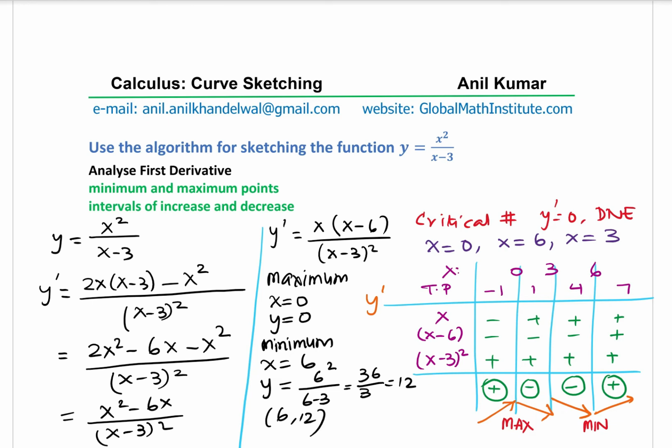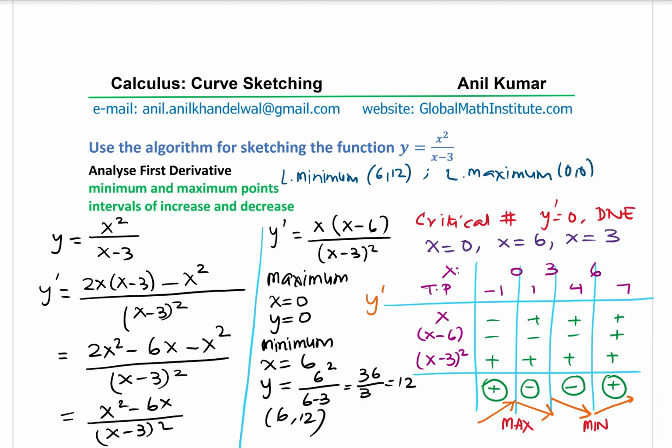So we can write down that we have a local minimum at (6, 12), and we have a local maximum at the origin.